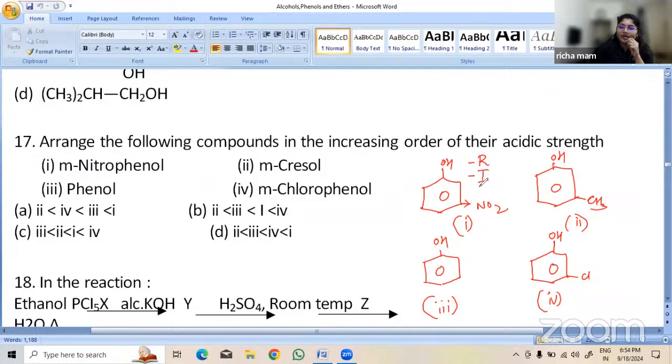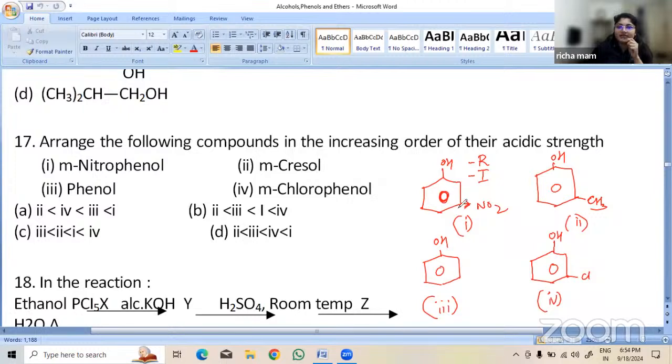But here the minus R effect is more because of the electron density. Due to the electron withdrawing nature, it will withdraw the electron towards itself. So what will happen? The phenoxide ion will be more stabilized.